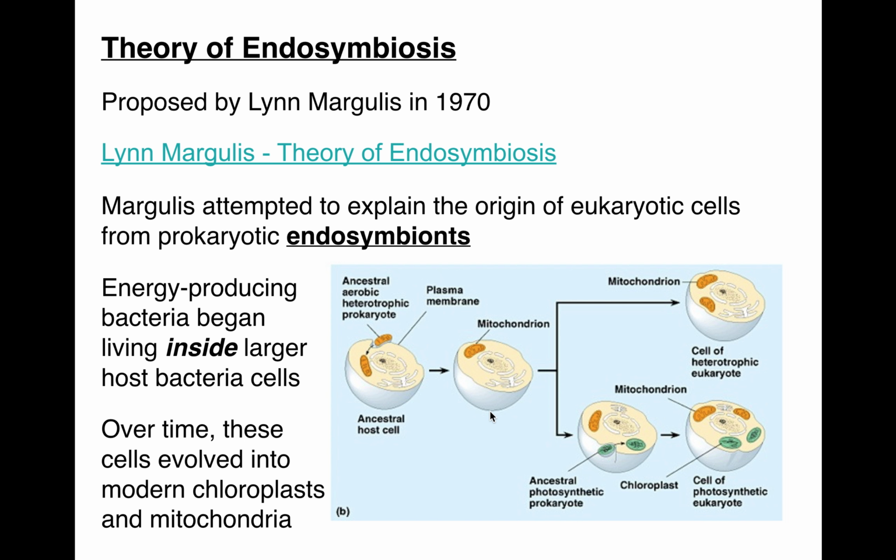And what formed at this point was a structure known as an endosymbiont. So the prefix endo meaning inside or within, and symbiont meaning that these two cells were now existing or living within a symbiotic relationship. Both of these cells were benefiting from whatever interaction existed between them.